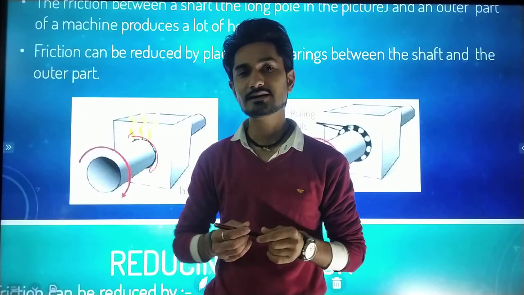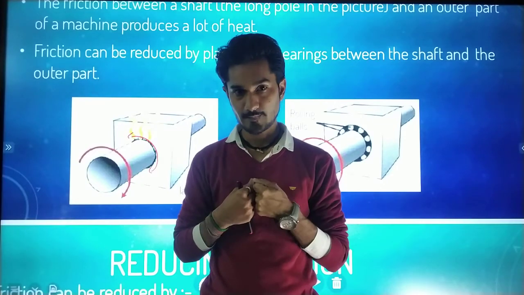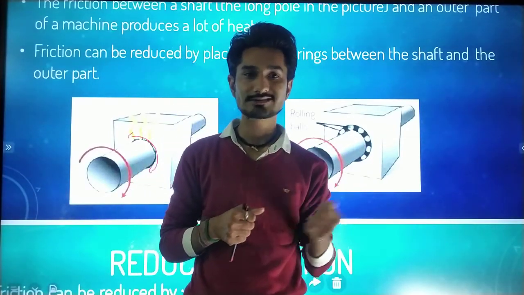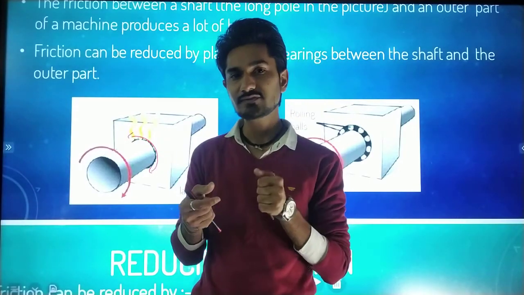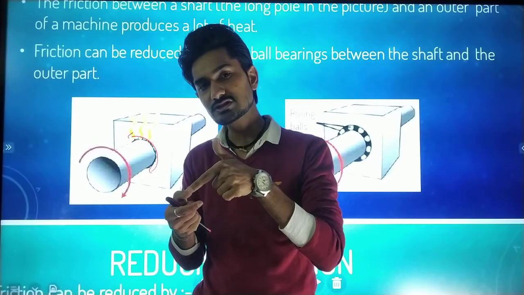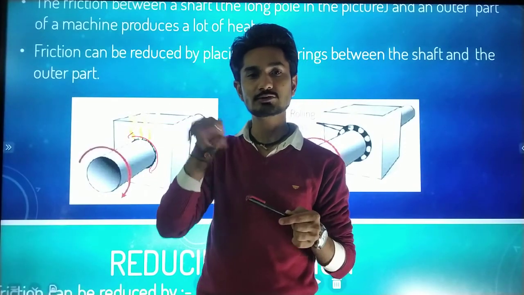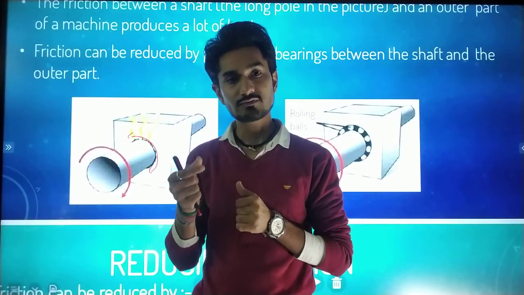If you have seen the fidget spinner, they have put these types of rolling balls into it. So that's why the fidget spinner gets less friction, and with less friction, what happens? The fidget spinner rotates in a basic circular path, and it rotates fast.